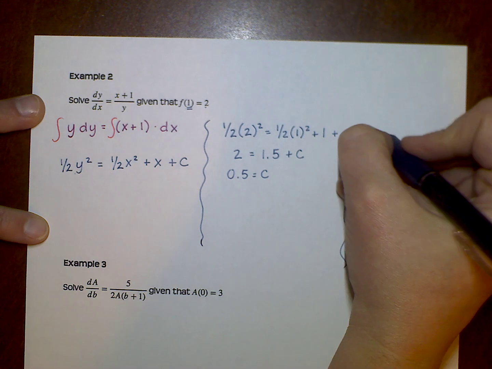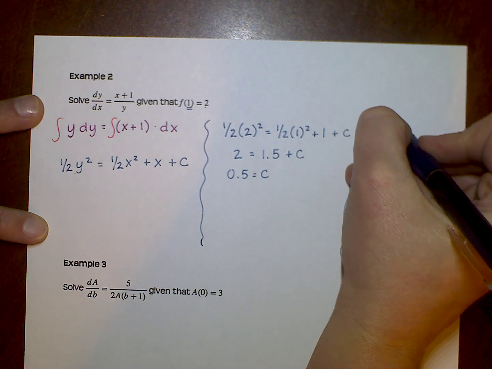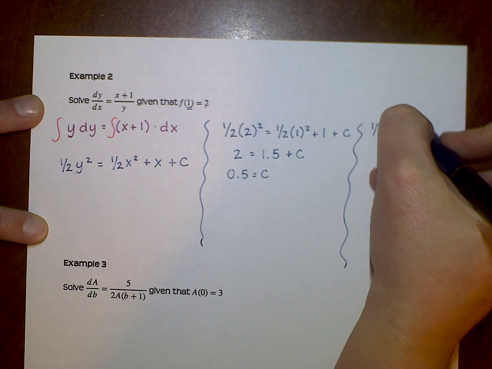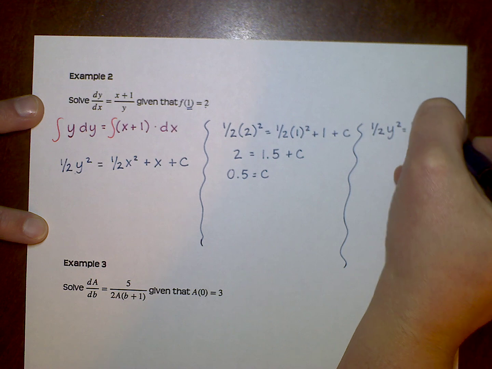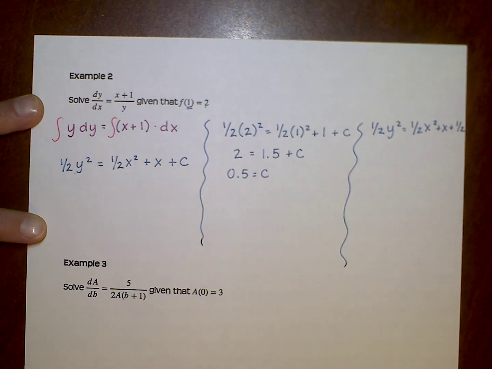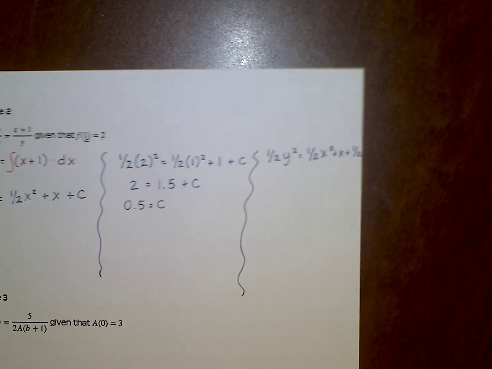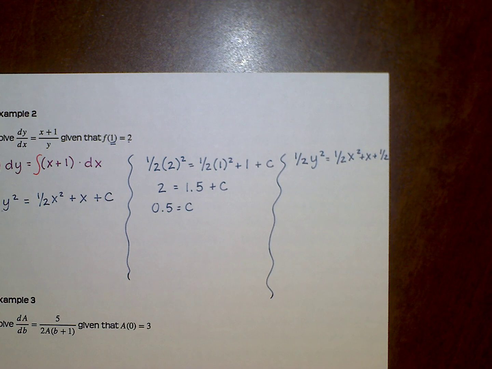So now I'm going to go back over here and start with that equation. I'm going to start with 1/2 y squared equals 1/2 x squared plus x plus 1/2, or 0.5. Okay. And my mission now, and I'm sorry that's kind of crammed in over there, is to solve for that y value.